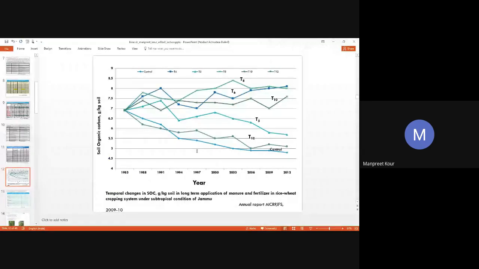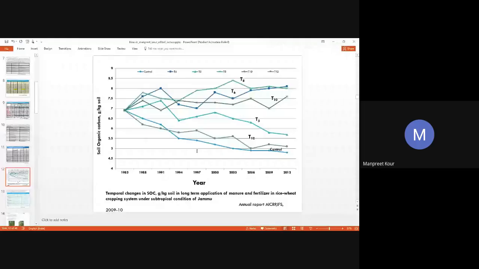You see, in the initial stages, what happened? All the treatments are very close at a particular time. They're very close, but slowly, when we reach further from 1985 to 2012, if you see 2012, T6 is increasing in soil organic carbon. T8 is also good, and the control is least, and then we say the farmer practice is least.